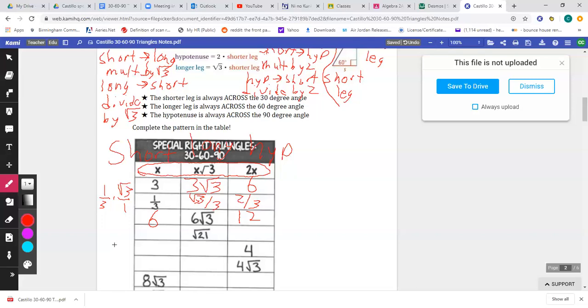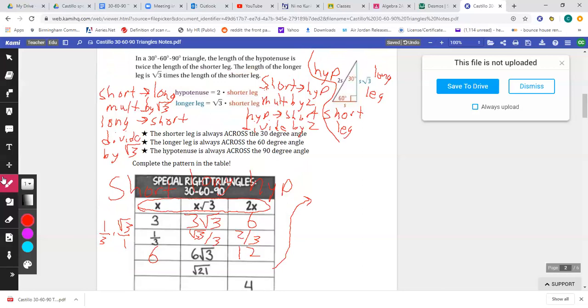Okay, now the next one, √21. Well, that's interesting. How are we going to do √21? Well, remember, if I have the long leg and I want to go to the short leg, some people can do this in their head, they probably already know what the short leg is. But if you don't know, remember what we could do is go up here. The short leg to the long leg, we multiply by √3. But to go from the long to the short, we divide by √3. So all I have to do is √21 divided by √3.